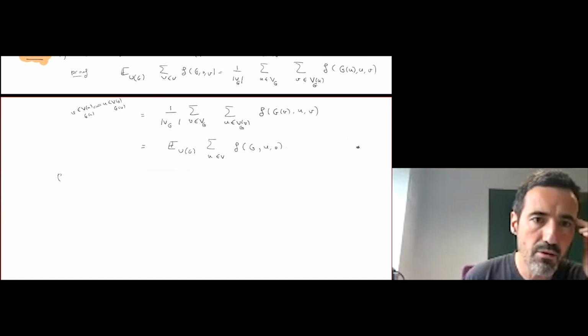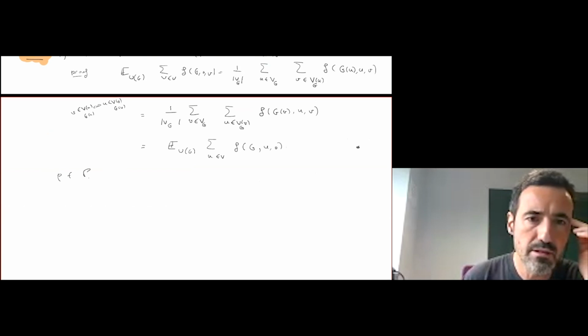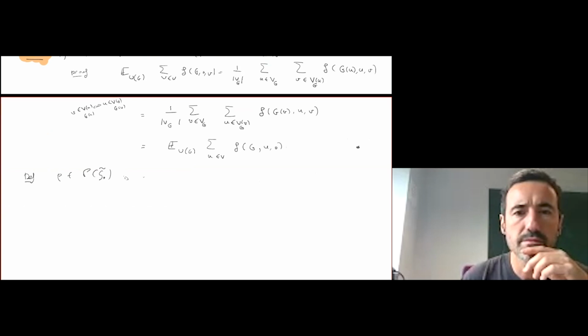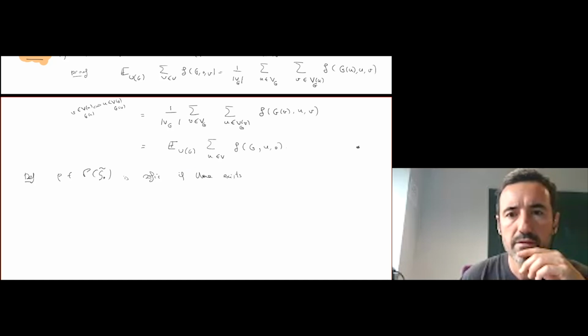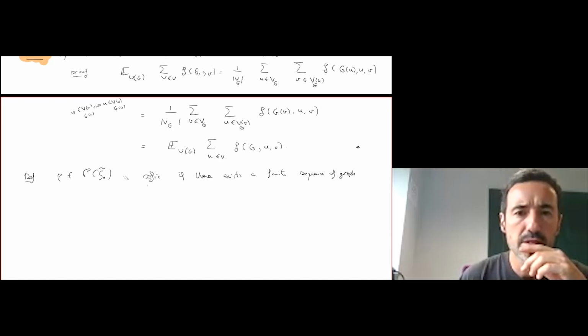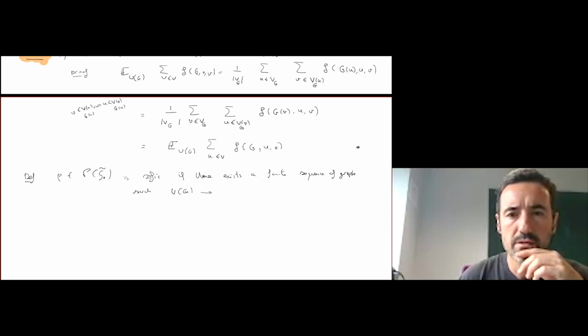A measure rho on random rooted graphs is sofic if there exists a finite sequence of graphs G_n such that U of G_n converges to rho.